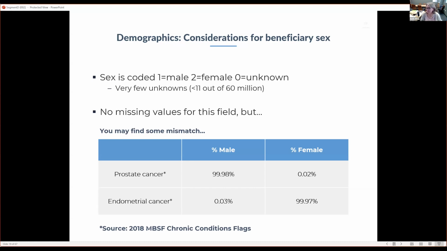So you may see people saying, I found women with prostate cancer, and the answer is right, but it's a very small percentage. Of course, if you multiply that by 25 million, which is the fee-for-service population, it gets to be a big number.